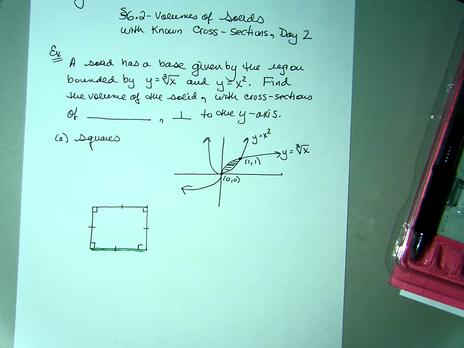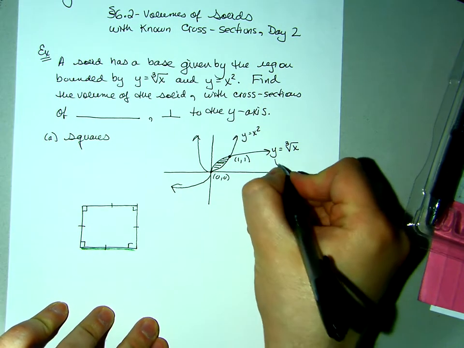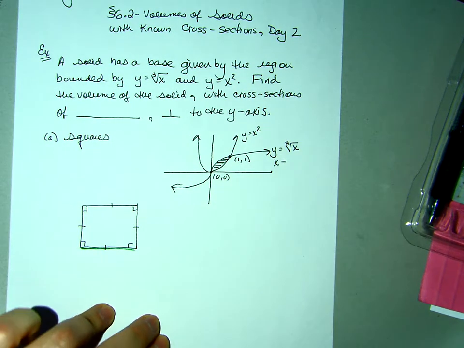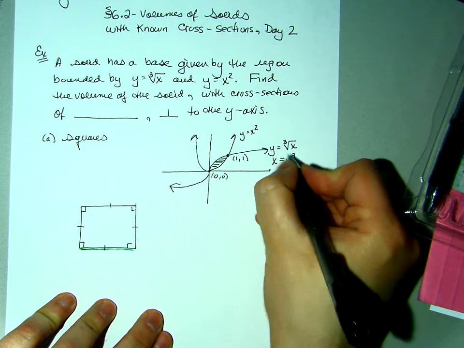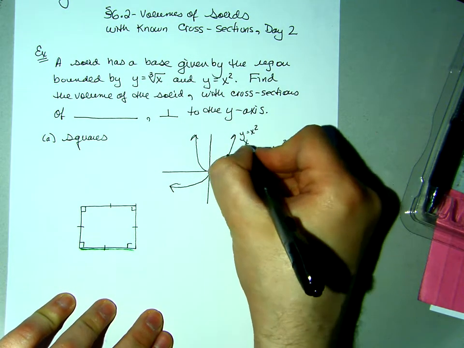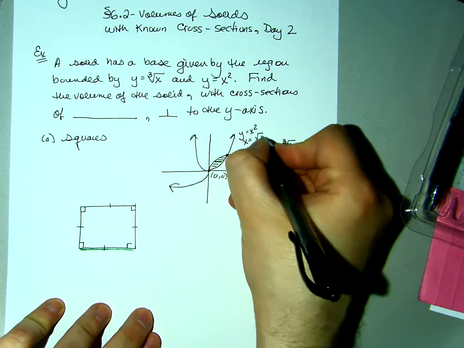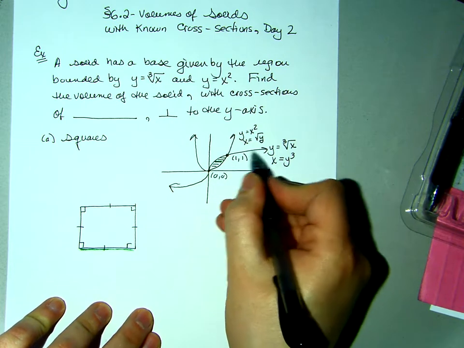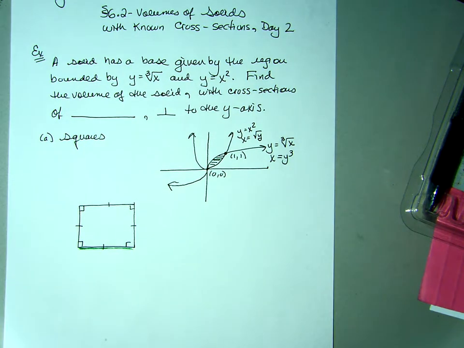than functions of x. So, this thing that was y equals the cube root of x, that's the same as saying x equals what in terms of y? Easy. y cubed. And the thing that was y equals x squared is the same as saying x equals the square root of y, technically plus or minus, but I just really care about the positive part anyhow over here, so plus is perfectly fine.